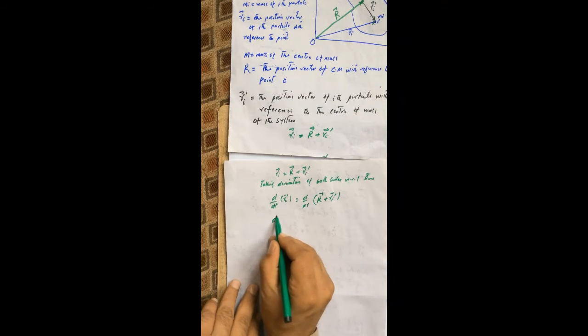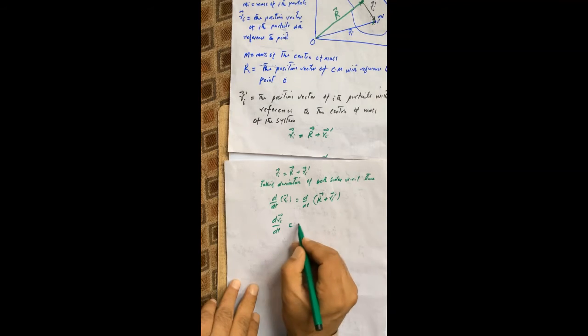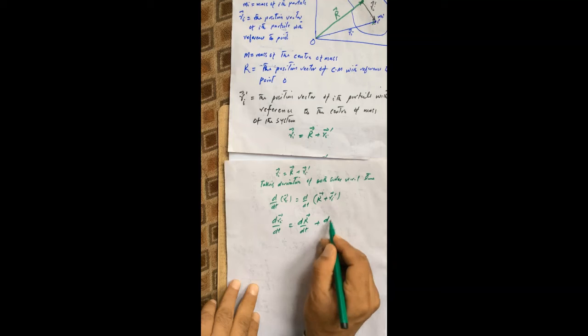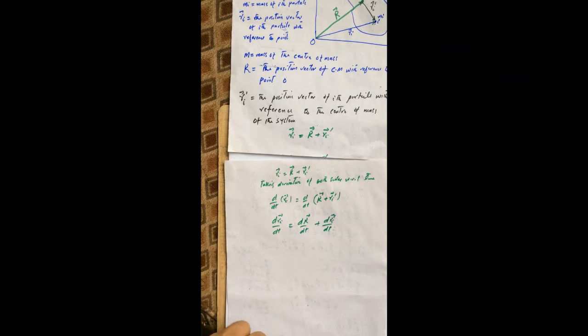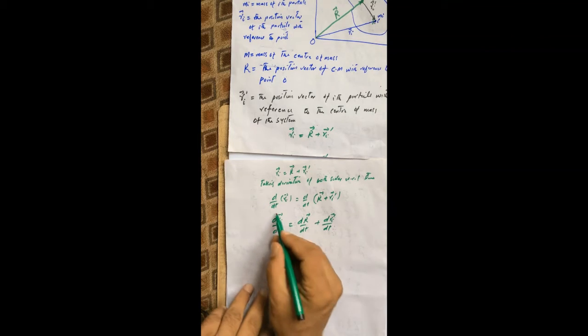So here I have dRi over dt, which is equal to dR over dt plus dRi prime over dt.